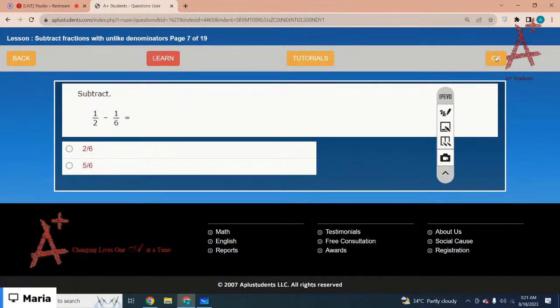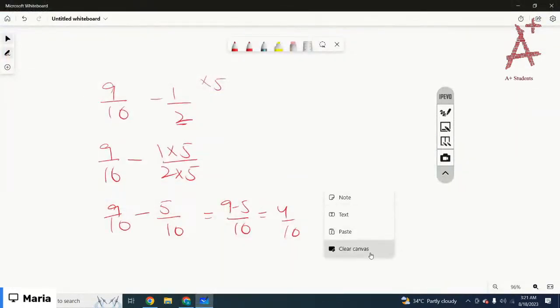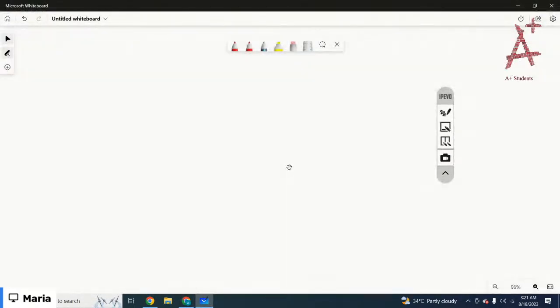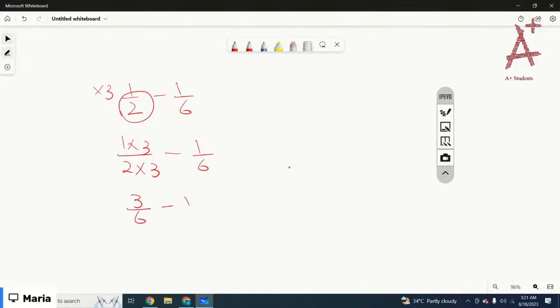The next one is 1 by 2 minus 1 by 6. 2 times 3 makes 6, right? So you have to multiply this fraction by 3. So it would be 1 times 3 divided by 2 times 3, right? So 3 times 1 is 3 and 3 times 2 is 6. 3 over 6 minus 1 over 6.